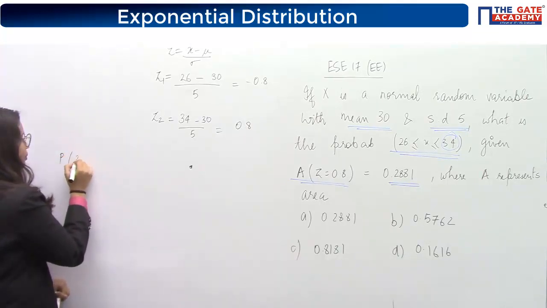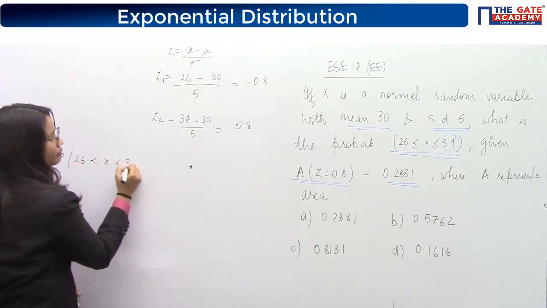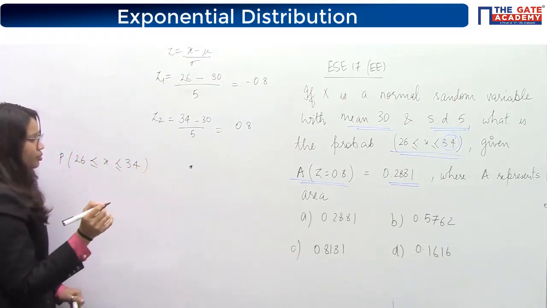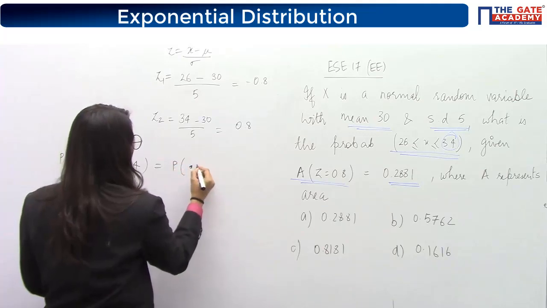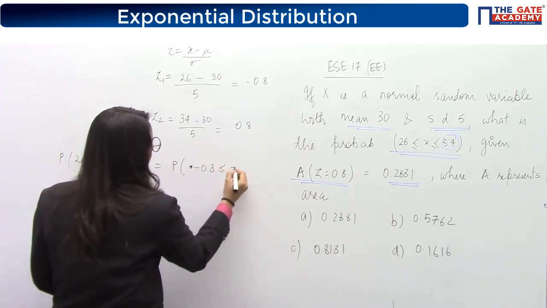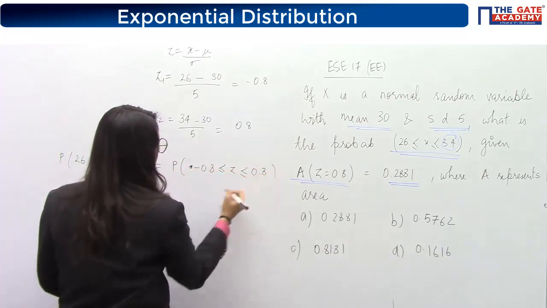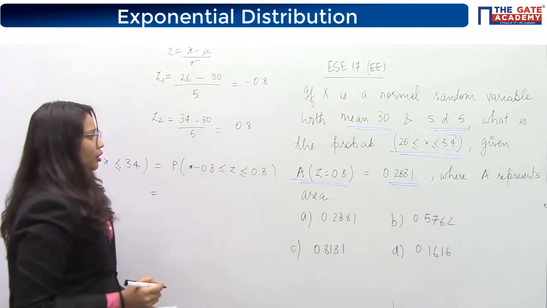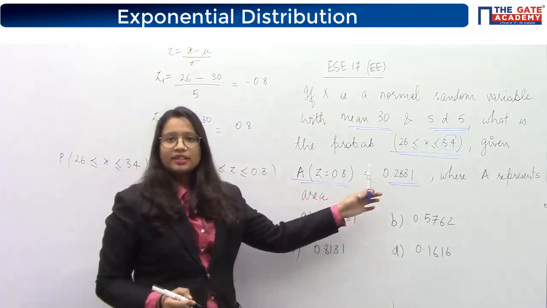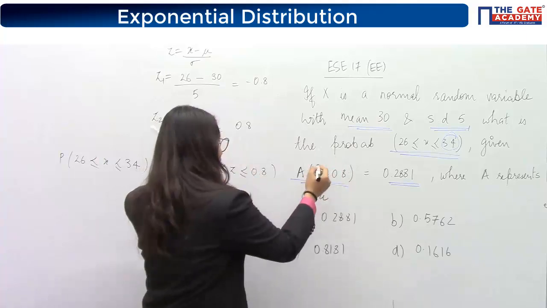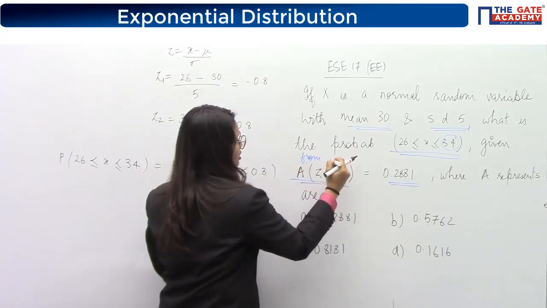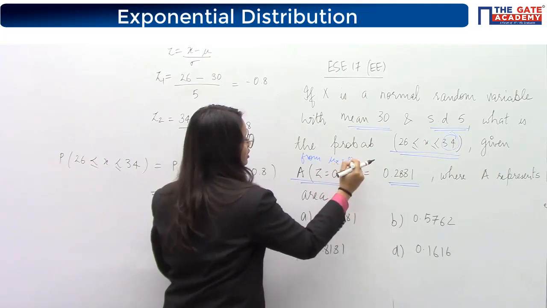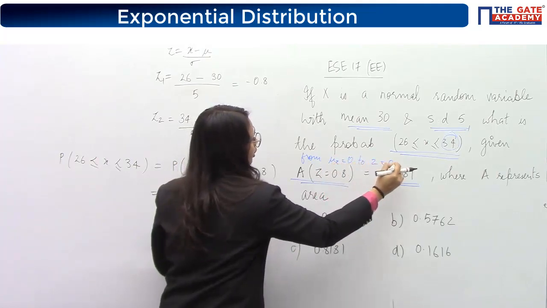Okay. So the required probability in terms of z can be written similarly as, the equal to sign doesn't matter because we are integrating. So this is similar to this probability from minus 0.8, but in terms of z. Now this area is given to you. What is this area? This is nothing but the area from the mean, z equal to 0, to z equal to 0.8.